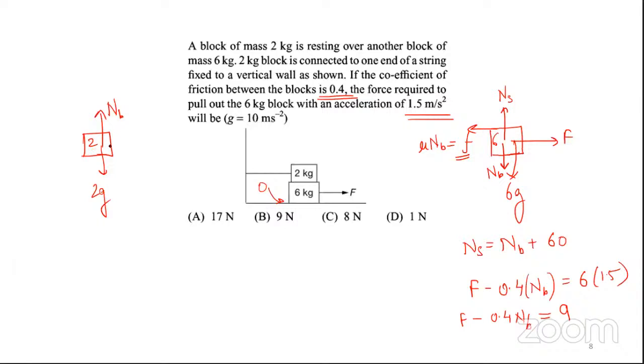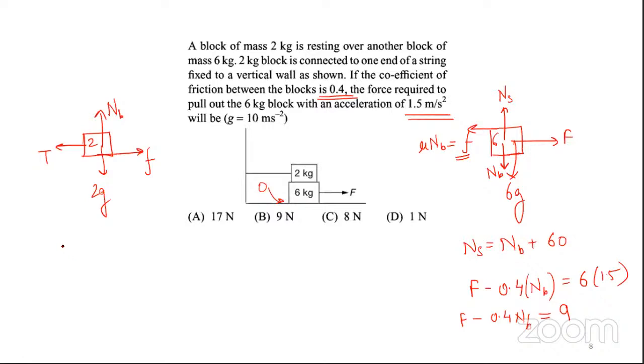All right, coming on to the other block, 2 kg is having 2g downwards, NB upwards. It is applying force in the left direction on the one below, so it will itself experience a force in the opposite direction as an action reaction pair, and a tension in the left direction. I think that's all for this.